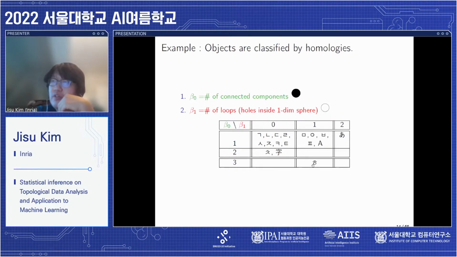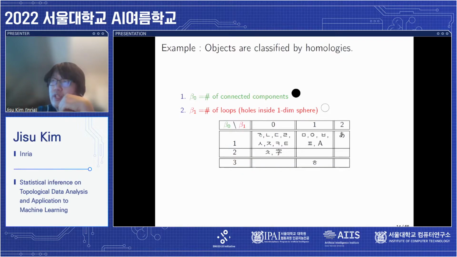And for example, when you look at this consonant called Hieut, then this has 3 connected components and 1 loop here. So this falls into this category. So by doing this, the objects are classified by homologies.